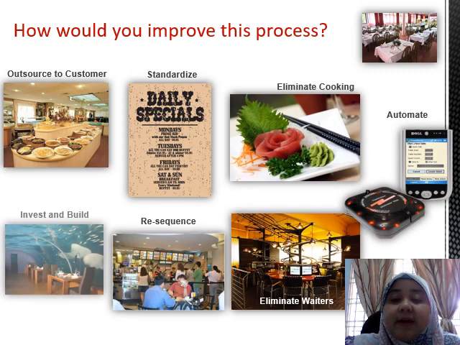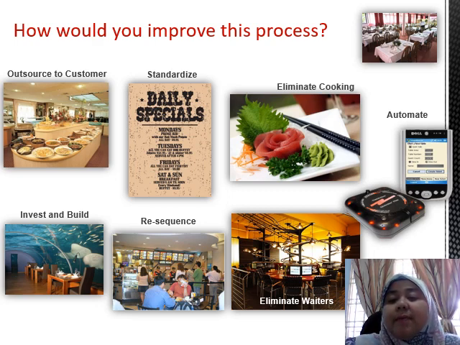Another factor that you could improve in the service is having it outsourced to customers. You give a standardized menu. Have a daily menu that you feel can attract more customers, with less discount or with more discount.